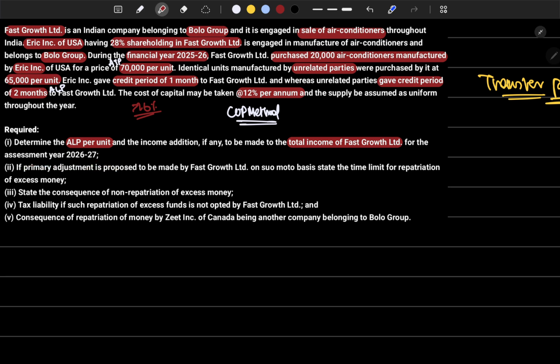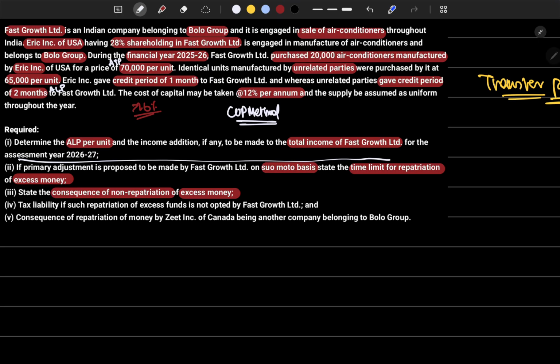Primary adjustment is proposed to be made on a suo motu basis. Now, what will be the time limit for repatriation of excess money, and the consequence if the excess money is not repatriated? All these are provisions only. We have to write descriptive answers. The solving part ends here. After this we only have to recall the provisions and present them in the paper.